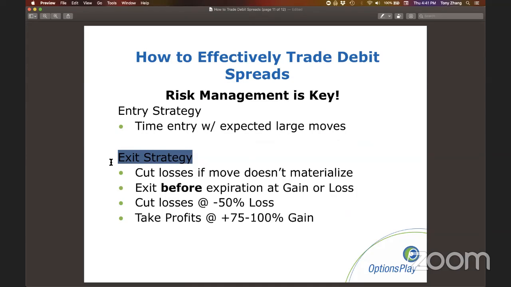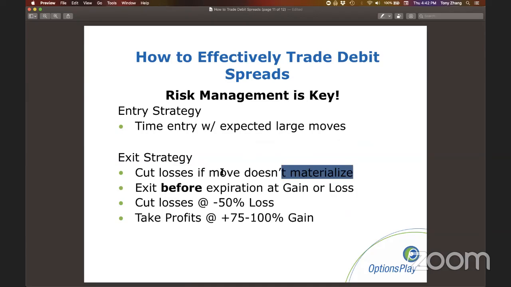This is where debit spreads are fairly easy, because no matter what type of debit spread you buy, whether you buy high probability or low probability, and whether it costs $1 to get in that trade or $1,000, the rules are the same for managing debit spreads, and that's what makes it simple for me. Because the simpler the rules are, the more likely you're going to stick to them, and the less likely emotions are going to come into play.